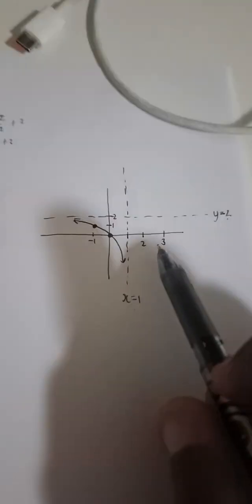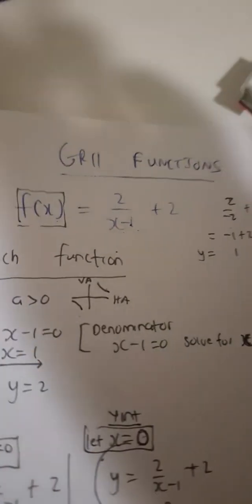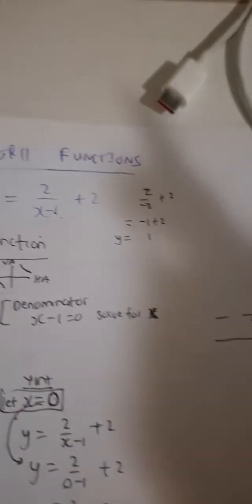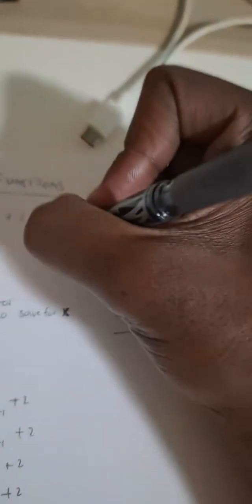So I know I have an arm that exists here. But if the arm exists here, it won't touch this line, it won't touch that line. So let us utilize the other values of x after x is 1. Let's check at x is 2 and x is 3.